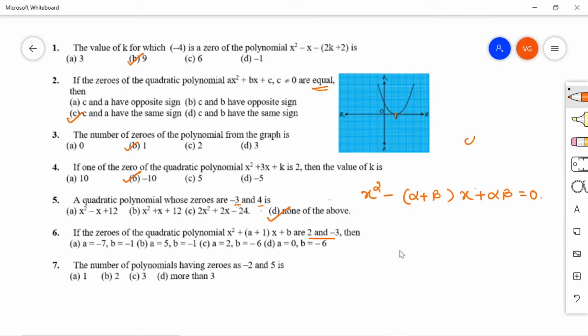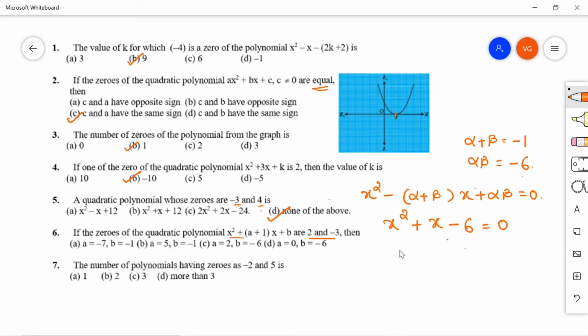Here the sum of the roots, alpha plus beta, is 2 minus 3, that is minus 1, and alpha beta is 2 into minus 3, that is minus 6. So put it back in the equation, and I get x square plus x minus 6 is equal to 0.